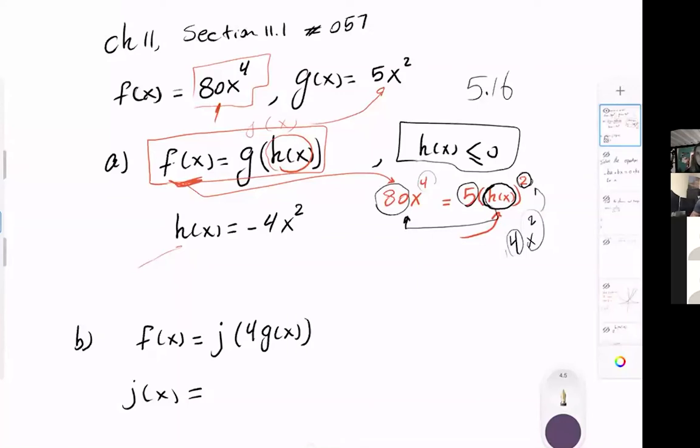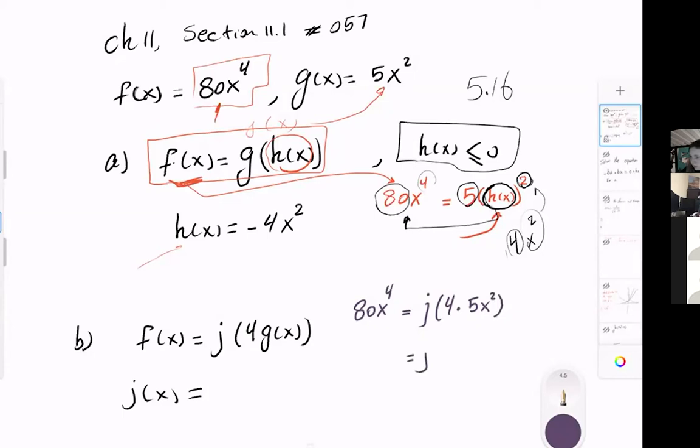Part B, we have f of x equal to j of 4g of x. Now we are looking for j of x. So I'm going to put f of x, which was 80x to the power of 4, equal to j of 4 multiplied by g of x, which is 5x squared.